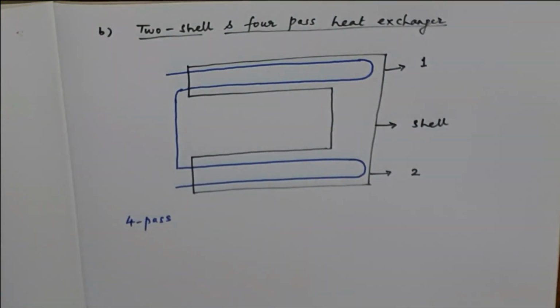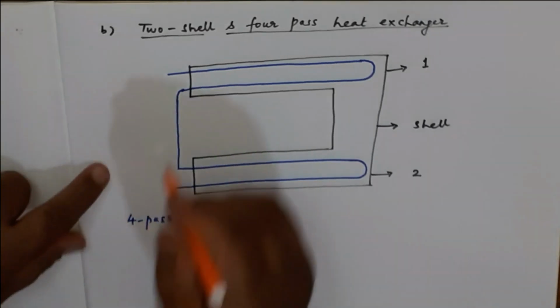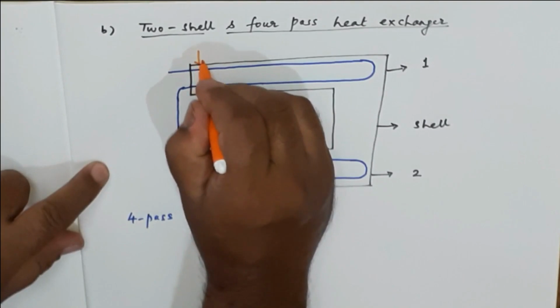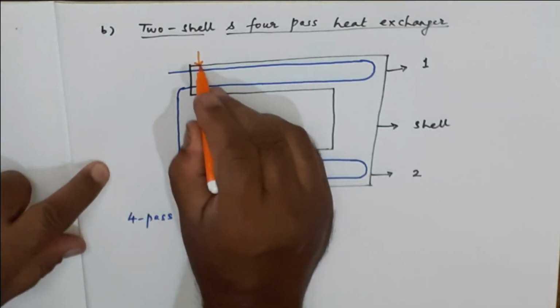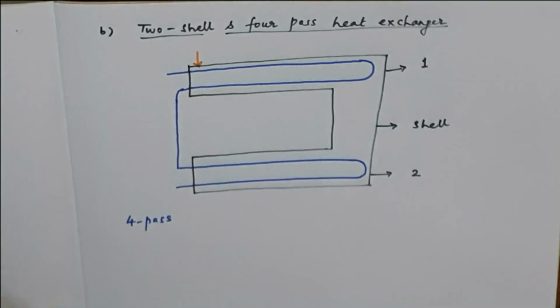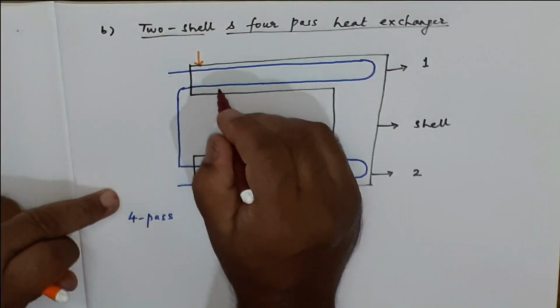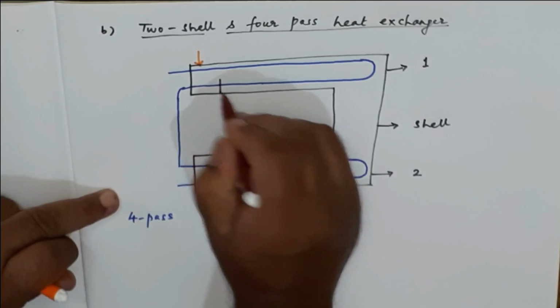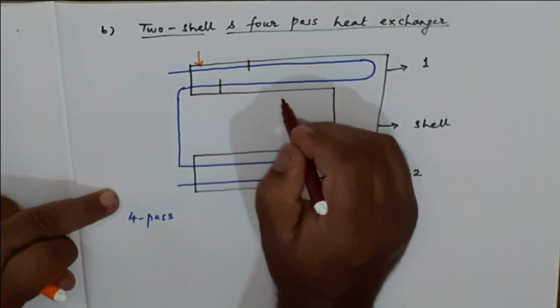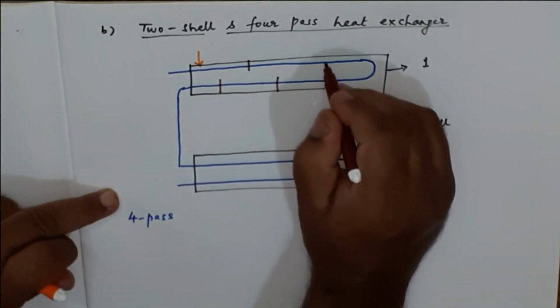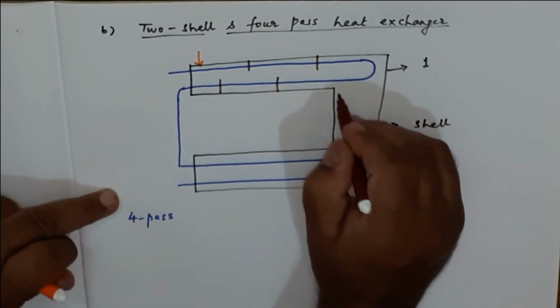So which is the shell fluid? Let us see the shell fluid. We'll draw the shell fluid so we will understand. This is the shell fluid. The fluid passes here, and you need baffles here again. You need the baffles to change the direction of the fluid so that it comes in contact with all the tubes, so we'll draw the baffles here.